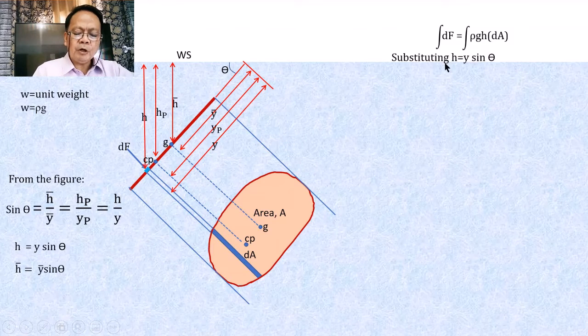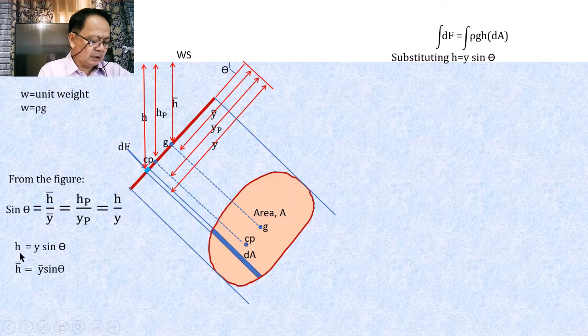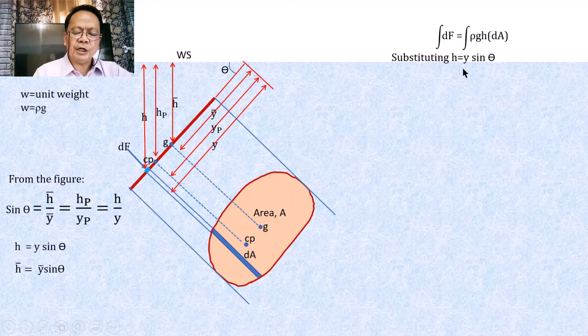Now, we're going to substitute this value of H na makikita natin dito, which is equal to Y sine of theta. That is H equal to Y sine of theta in this equation. Then our equation will become F, which is the integral of the differential forces, shall be equal to the integral of the product of rho g times Y sine of theta dA.